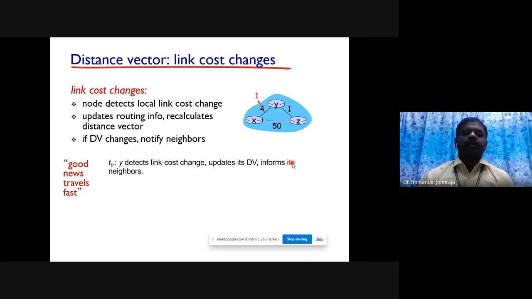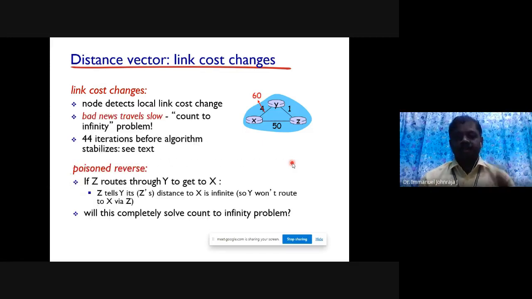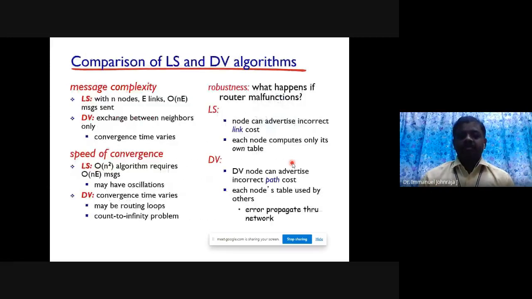So how can we compare link state and DVRP, which I have already done? The message complexity is probably higher in link state than the distance vector routing protocol, but the speed of convergence is very high in the case of link state routing protocols. But none of the protocols, whether link state or distance vector, are very robust. What do you mean by robust?